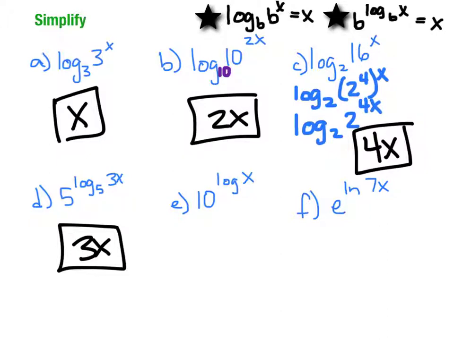Again, 10 to the log of x, you don't see the base, but the base is there. What's the hidden base right here? 10. So the bases are the same. Right. So since the bases are the same, what does this simplify down to? Just that x, just whatever's left over. On this last one, we have e to the natural log of 7x.